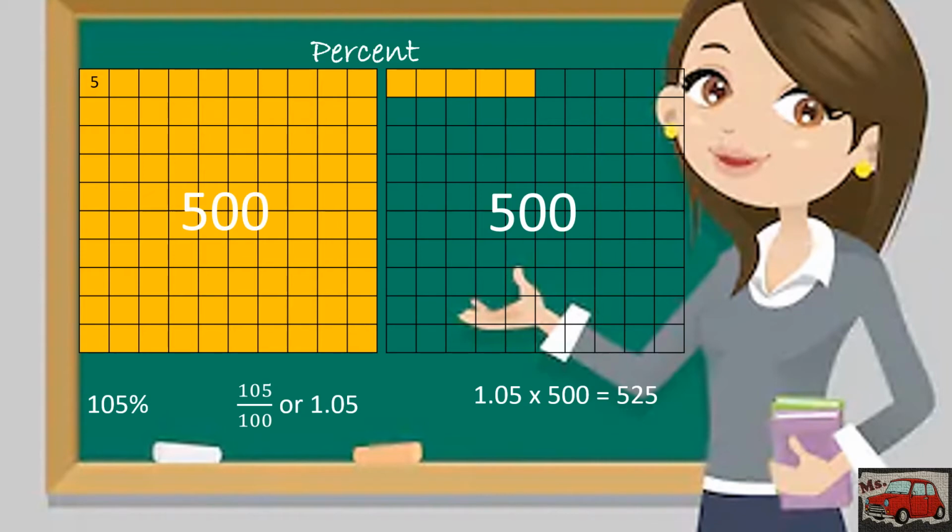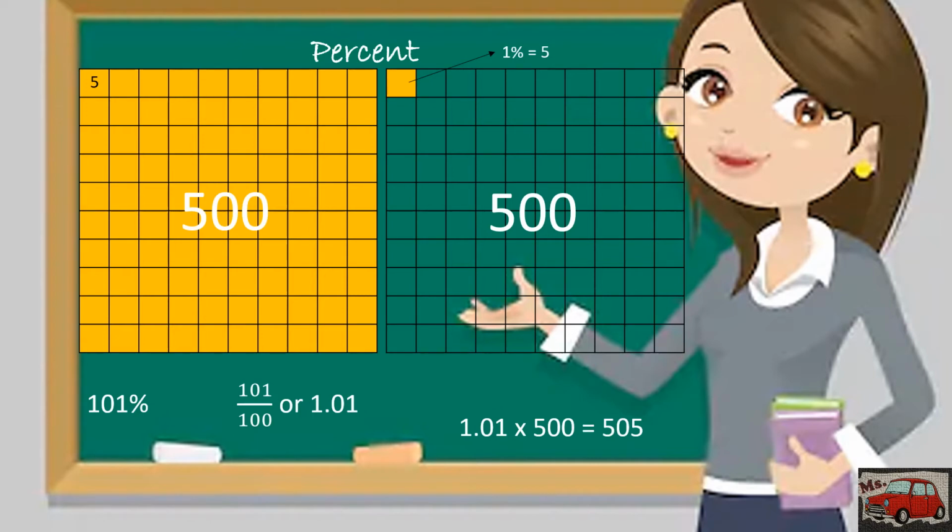Okay? Next. So, here, again, we have a whole. So, we already have 100%, and then 1%. Okay? So, we have 101%. Now, what is the value of 101% of 500? So, since this whole is already 500 pesos, this one 1% is equivalent to 5 pesos.